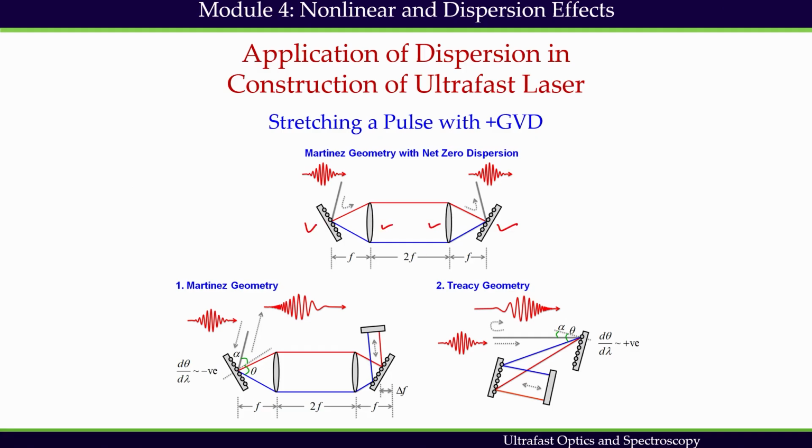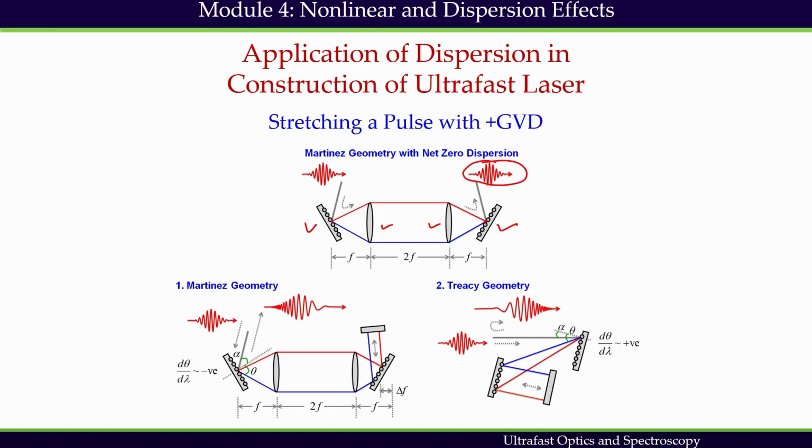If the pulse enters this grating pair, because the gratings are at the focal points of these two lenses, different color components will not experience different path lengths, and that's why we'll get back the transform-limited pulse.